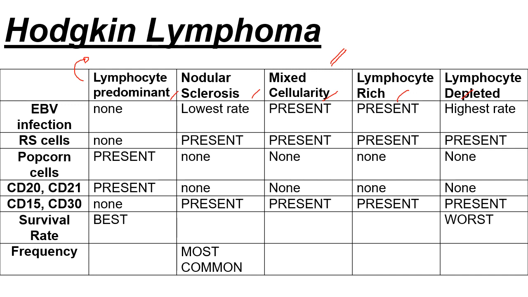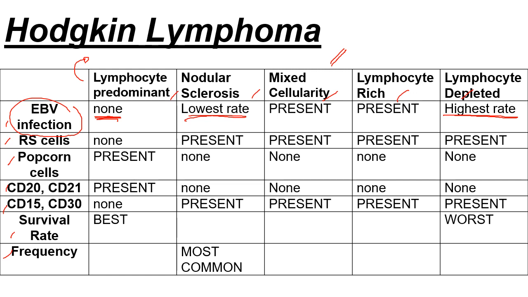Okay, the difference will be this criteria. Sa EBV infection, madalas dyan yung lymphocyte depleted type. While yung lowest, yung nodular sclerosis. Wala namang association with EBV ang lymphocyte predominant. Okay? So, yan yung mga i-highlight natin.